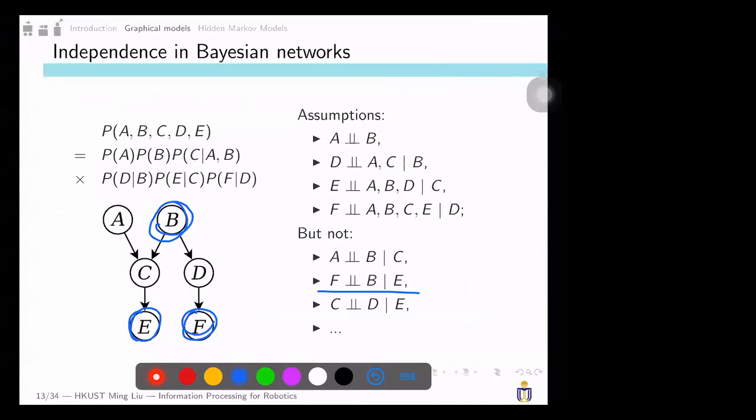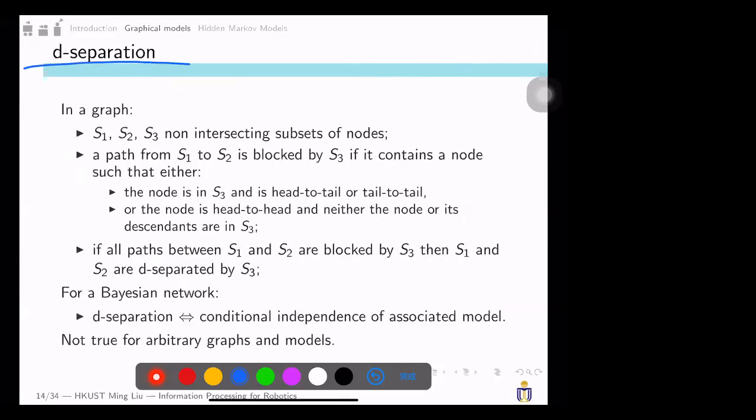E is the sensor, B is the door, and F is another sensor. Given one reading, will the door and the other thing be related? Yes, they're not independent. So this kind of analysis is too complex and quite redundant. There are certain tools to analyze a Bayes network, called D-separation. That's exactly what we will introduce next.